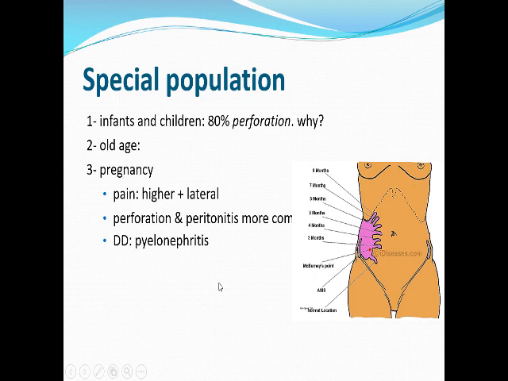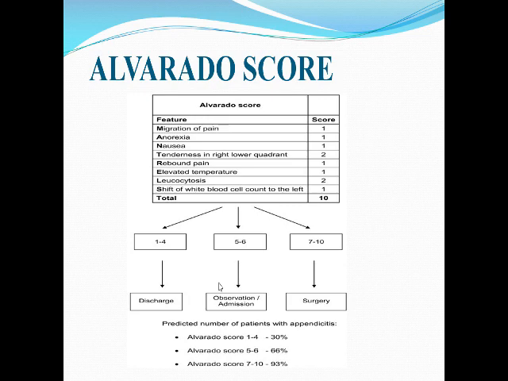As you see, the clinical picture is so big, and that's why Alvarado gave a score to make it easy to diagnose. If you are confused whether this is appendicitis or not, he collected the main symptoms like migratory pain, anorexia, nausea, and the main signs like tenderness and rebound tenderness, and the main investigation like leukocytosis and shift of pain, and gave them, if present, 1 mark or 2 marks accordingly.